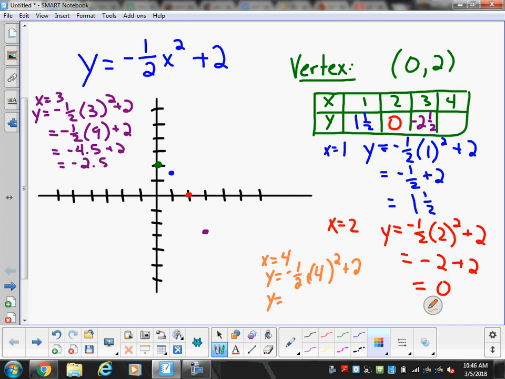And negative 1/2 times 16 is negative 8. Negative 8 plus 2 is negative 6. So the last point in this table is the point 4, negative 6. So about right there. So what I have now is half of the shape of the parabola. I have the right half of it.